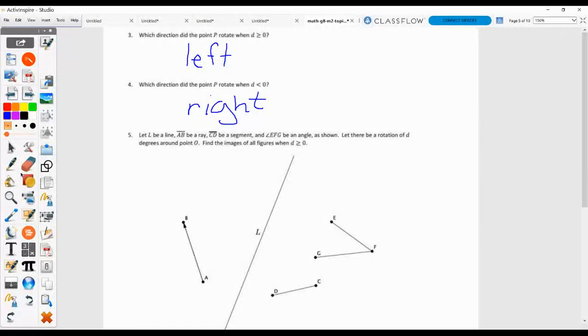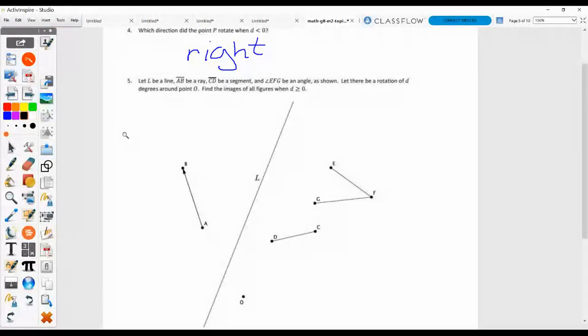Okay, so first thing I need to do is move my page up a tad bit so that we can see our point O. And we need to go ahead and draw all of our shapes on our transparency. Okay, we need the line, we need our ray AB, we need segment CD, we need our angle EFG, and our point O. So go ahead and do that right now.